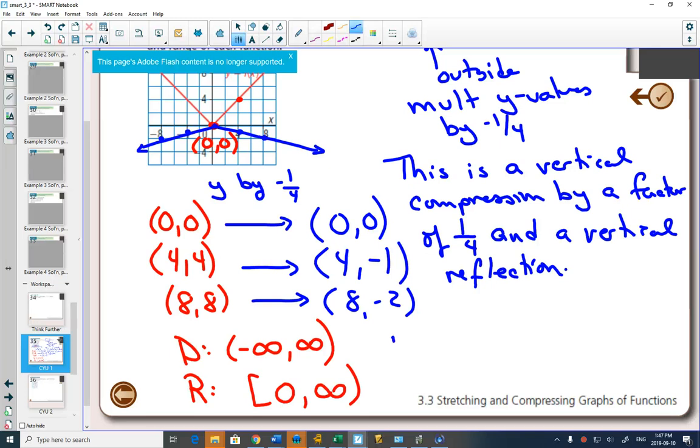For my blue graph, again, the domain is still everything, but the range has no smallest value, but it goes up to 0.